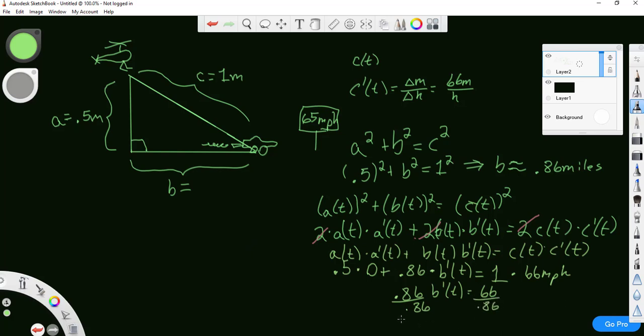And what we get is that our speed, B prime of t, is going to be 76.74. And what's the units here? Well, it's miles per hour. So really, we were going 76.74 miles per hour. So it looks like this helicopter had every right to pull us over.